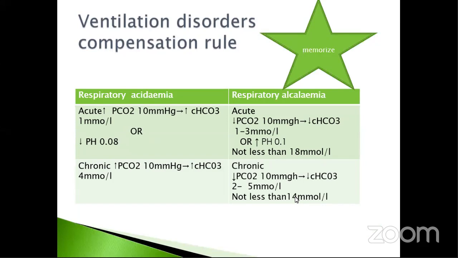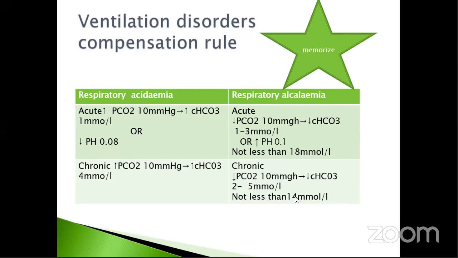And these slides represent other rules we have to memorize. For bedside interpretation of ABG, there is respiratory acidemia and respiratory alkalemia, and how compensation occurs between the respiratory and renal systems. So in respiratory acidemia, an acute PaCO2 rise by 10 mm mercury will lead to an increase in bicarbonate by 1 millimole per liter, in the acute case, and by 4 millimole per liter in chronic cases.